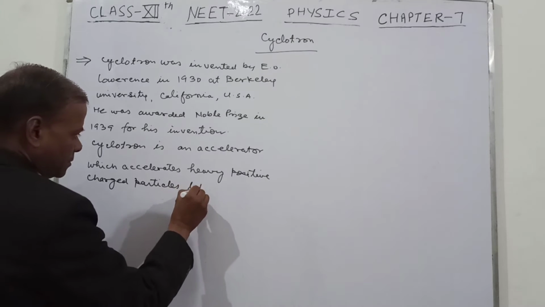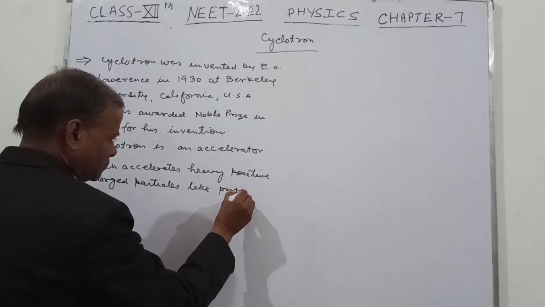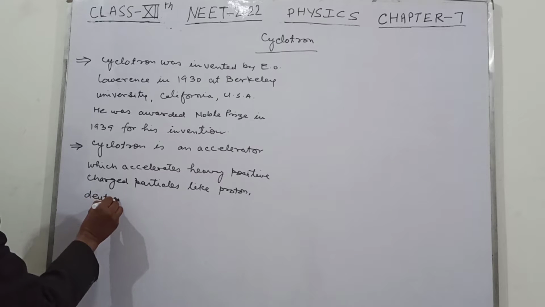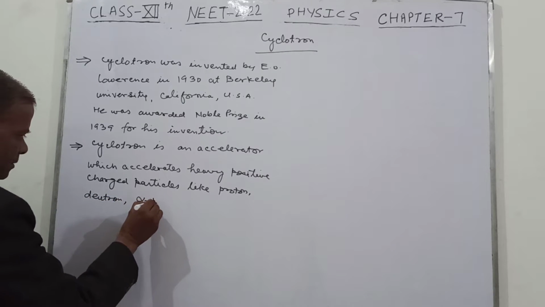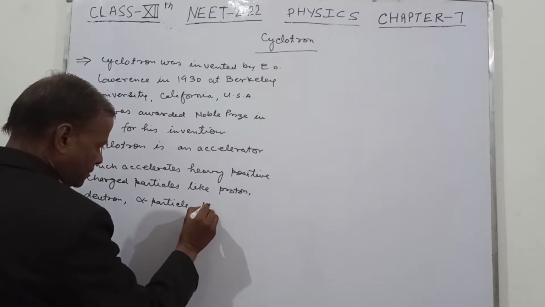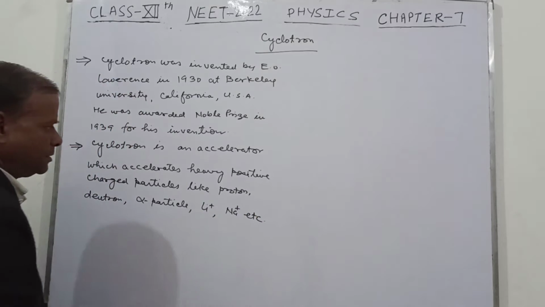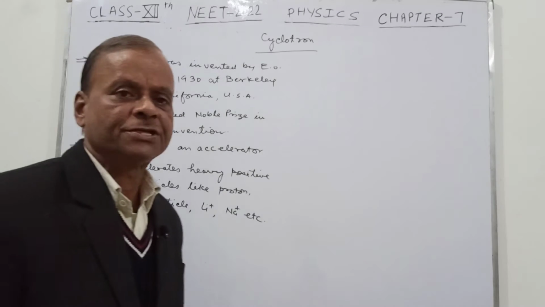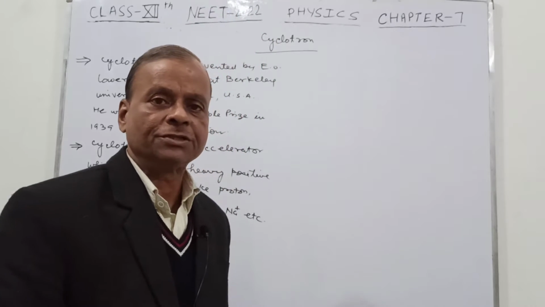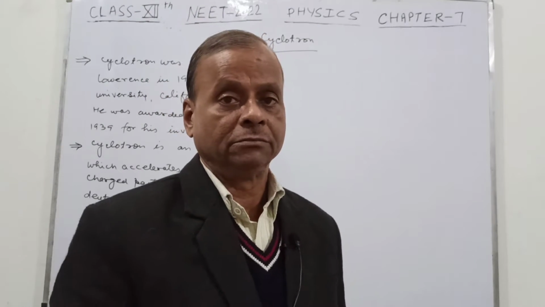Charged particles like proton, deuteron, alpha particle, lithium ion, sodium ion, etc. This machine does not accelerate the negatively charged particles. So this is only for positively charged particles, which are heavy ones.